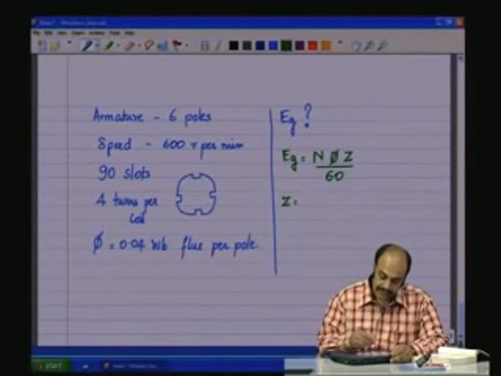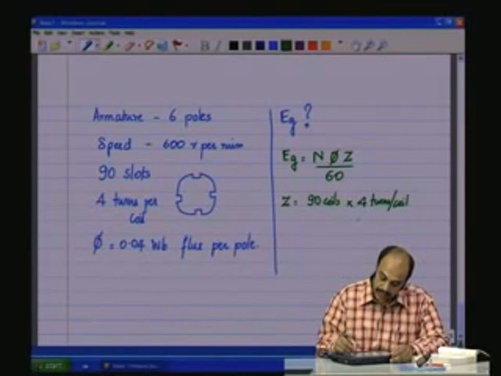So, there are 90 slots, therefore, there are 90 coils, and there are 4 turns per coil, and 2 conductors per turn.